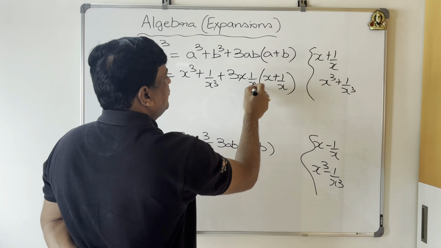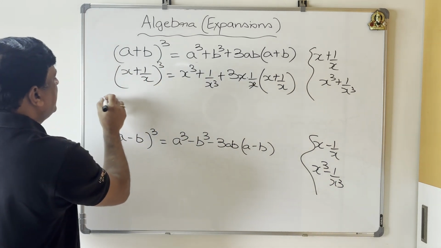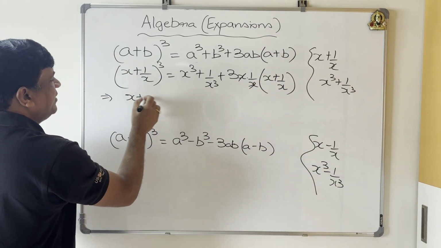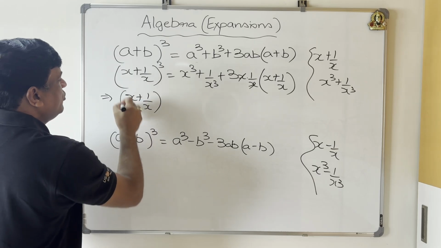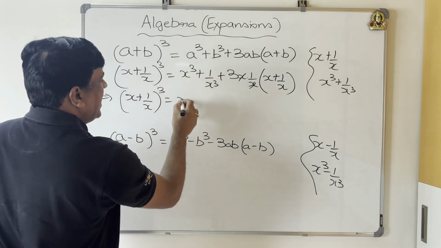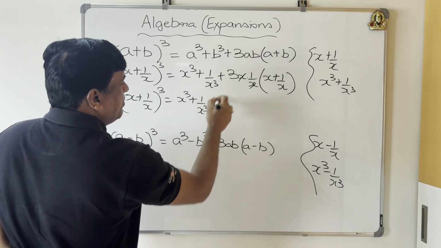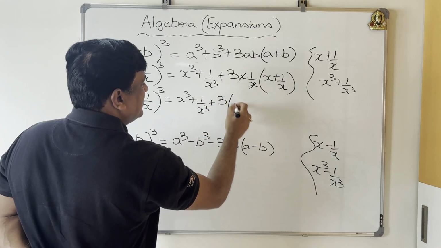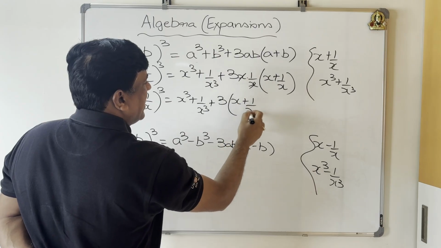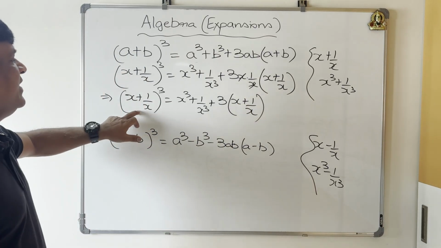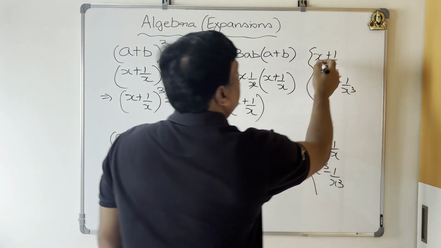Look at it, so these two get cancelled. What's the formula you get for this one? x plus 1 by x whole cube gives you x cube plus 1 by x cube plus 3 times x plus 1 by x. So that's the reason they give you the value of x plus 1 by x.